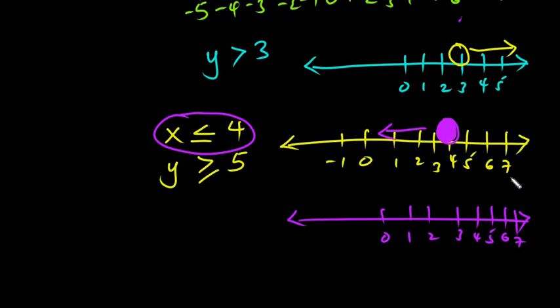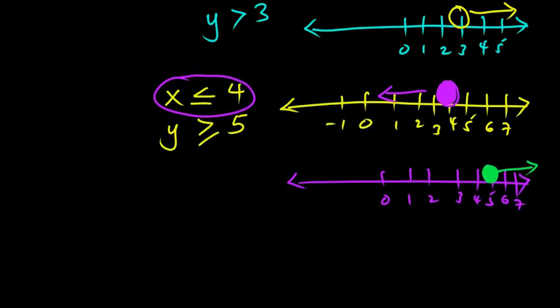Now we're going to go to the point 5 and then draw a closed circle, because we have an equal to sign. That means 5 is part of the inequality. And then we draw an arrow towards the right. That means all numbers that are towards the right of 5 are greater than 5. And that's how we're going to represent those numbers on a number line.